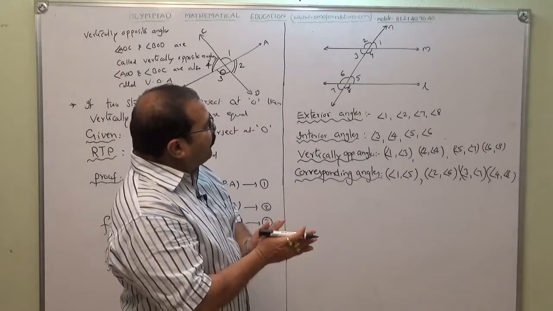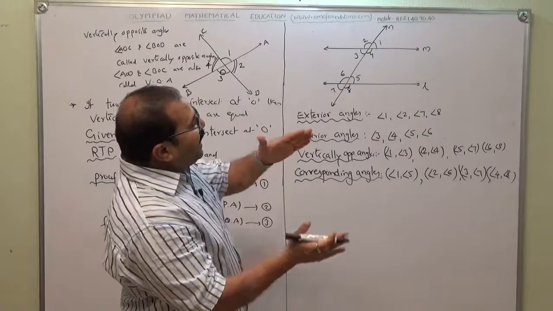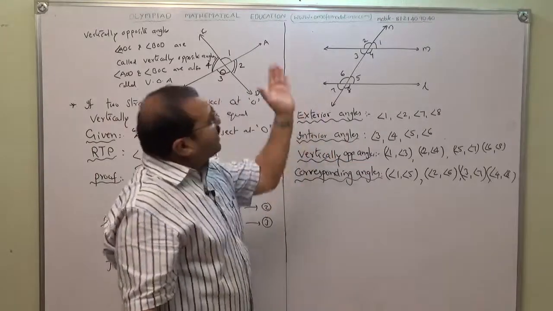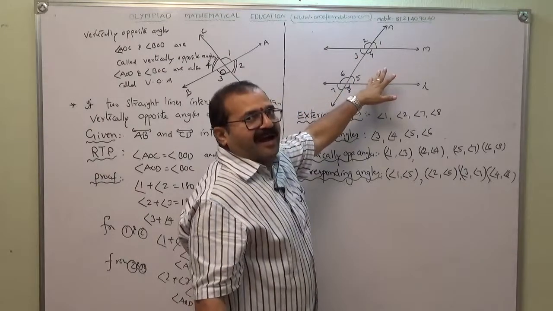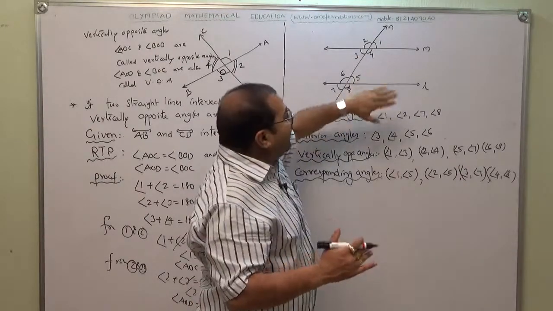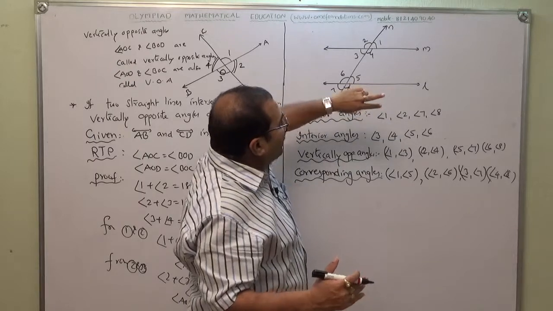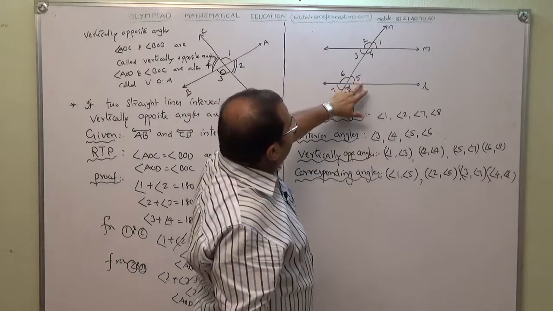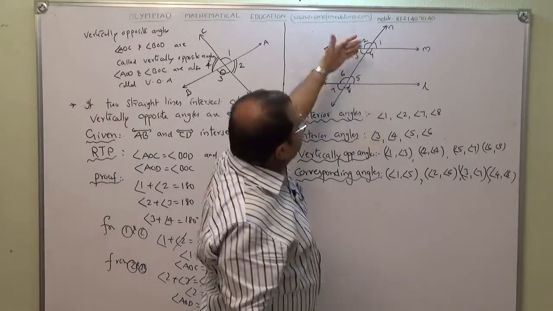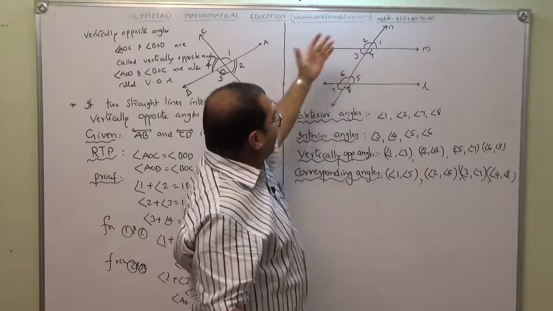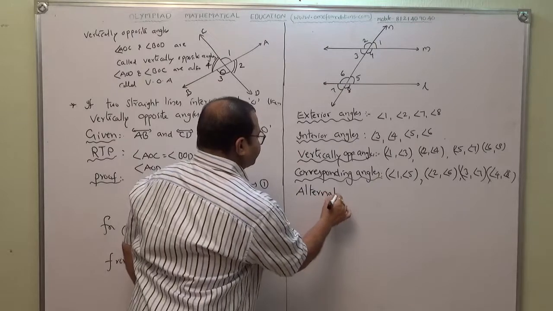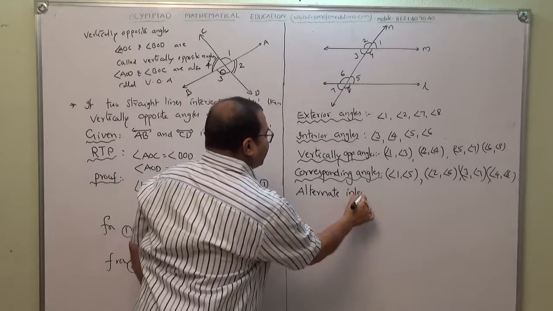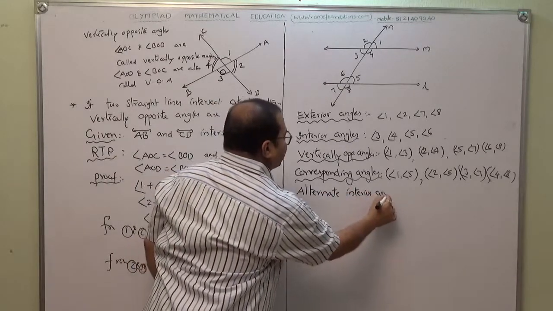Now coming to interior angles but alternate. You see 3, 4, 5, 6 are interior angles. In this, what are alternates? Alternate means other side. Now coming to alternate interior angles.